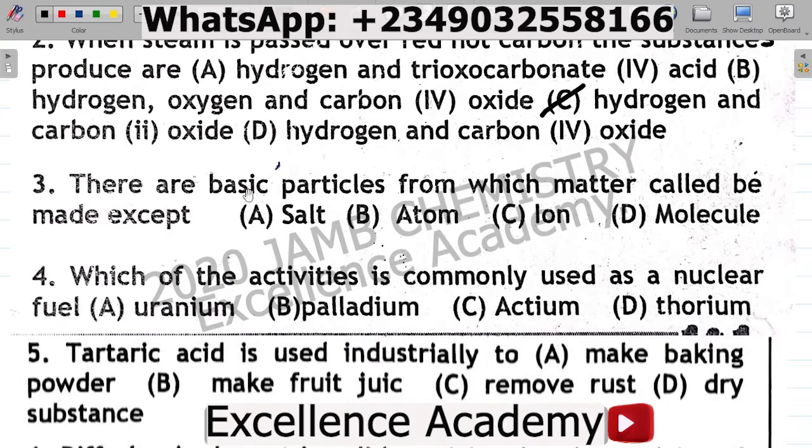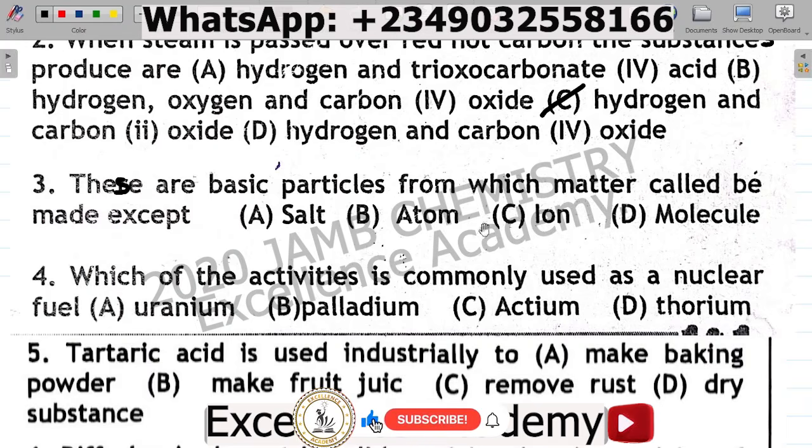Question number 3 says these are basic particles from which matter could be made, except, this should have been these are, just a typo error. All right. 3 says these are basic particles from which matter can be made, except A. Salt, B. Atoms, C. Ions, D. Molecules.